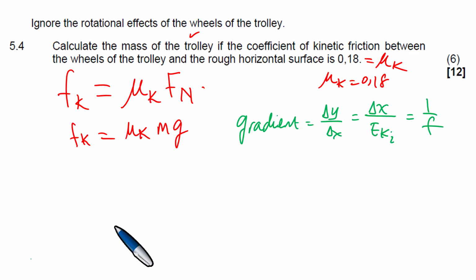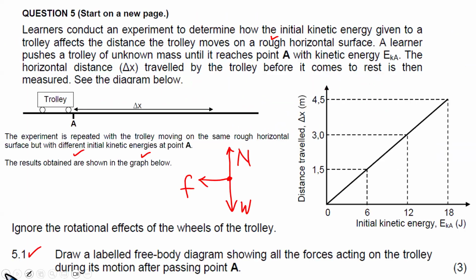And therefore, if you look at this now, you can pick a couple of values. You can take 1.5; the delta x here is the difference between 1.5 and 0, which is 1.5, and divide by the change here, which is 6 minus 0, which is 6. So you take 1.5 over 6.